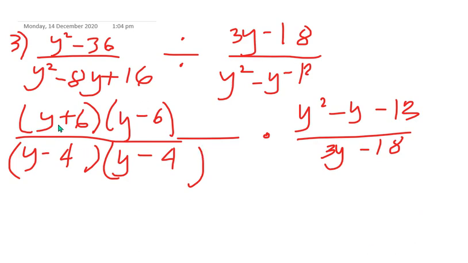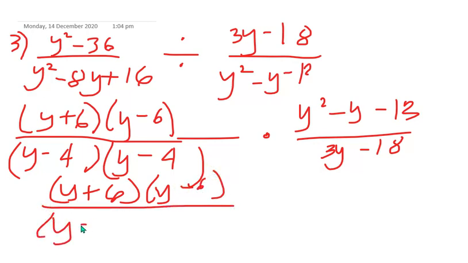Here we just copy y plus 6 times y minus 6 over y minus 4 times y minus 4, times. We factor this, y squared minus y minus 12. This is 12, by the way, this is 12.